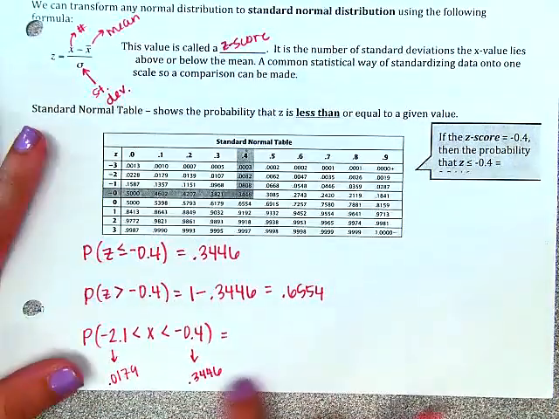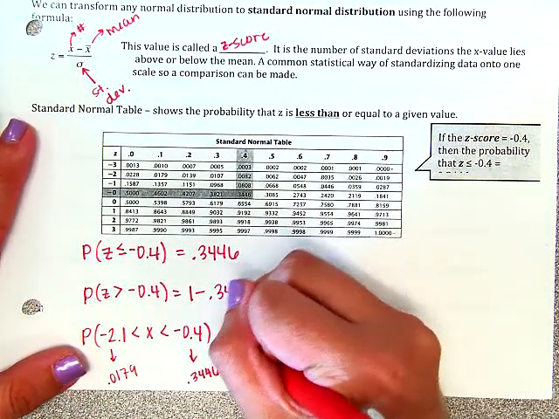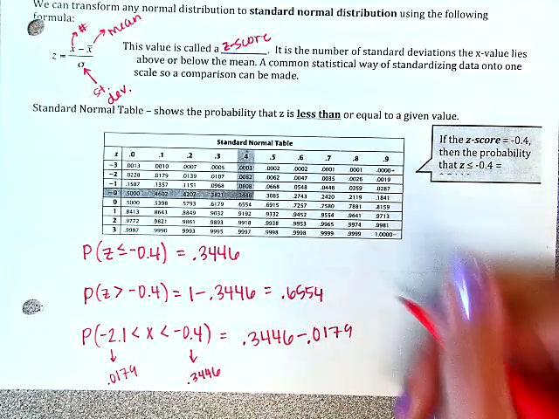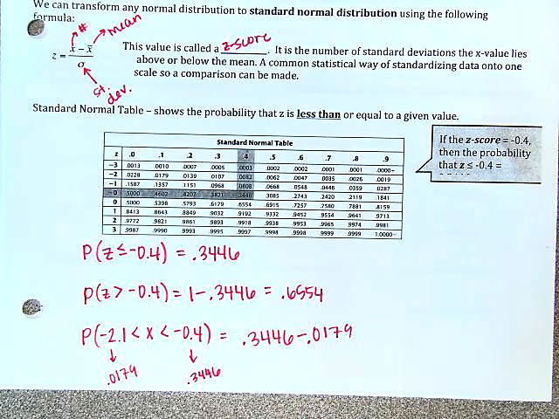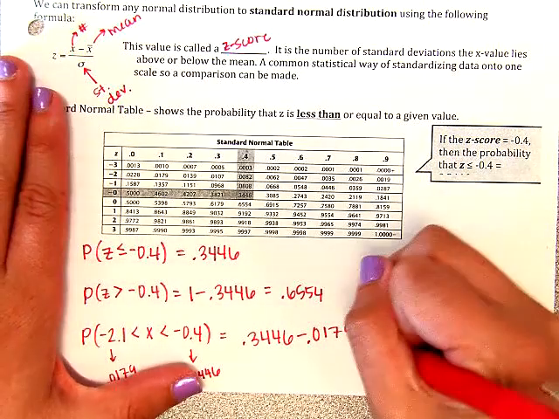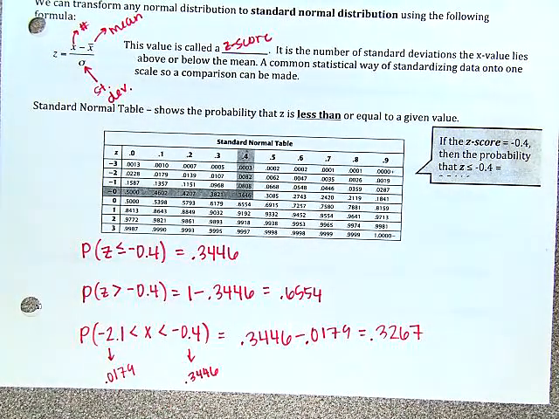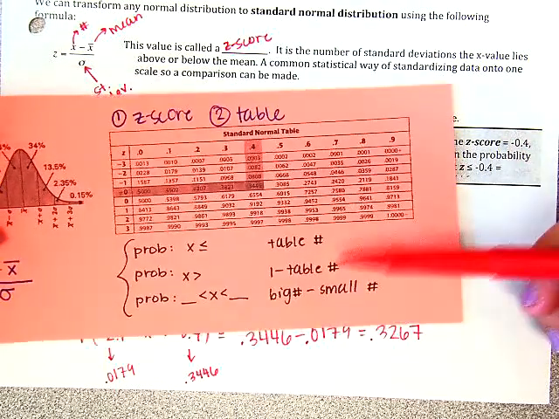So now I just do my big one minus my small one. 0.3446 minus 0.0179 gives me 0.3267.